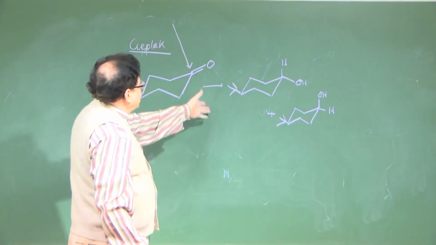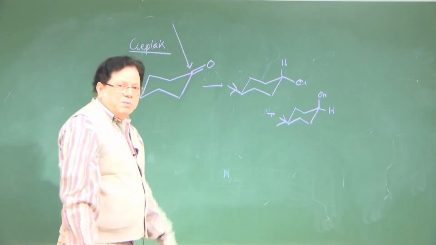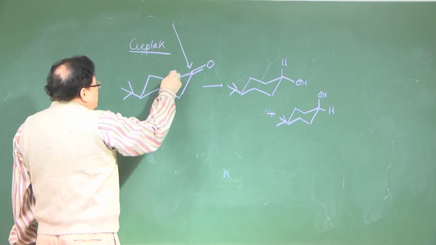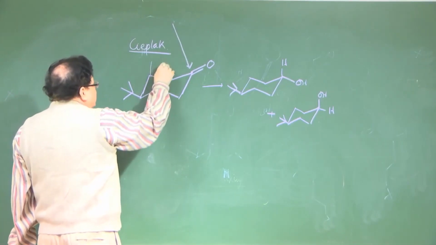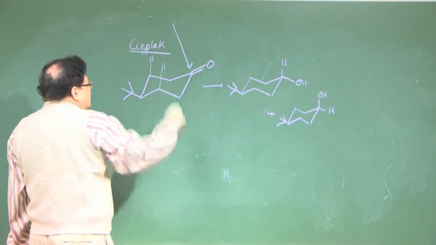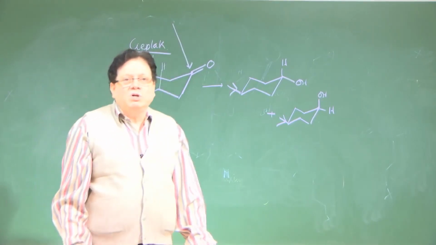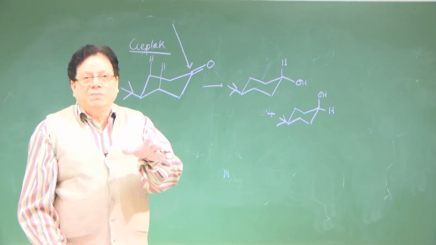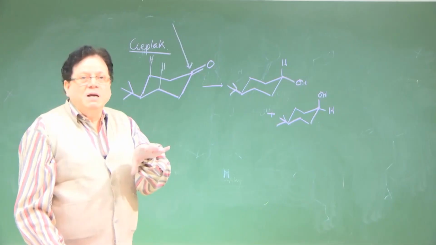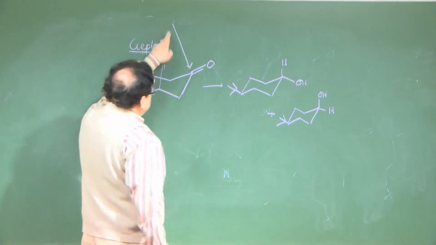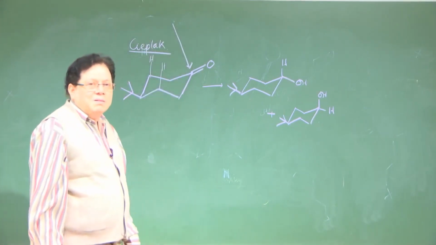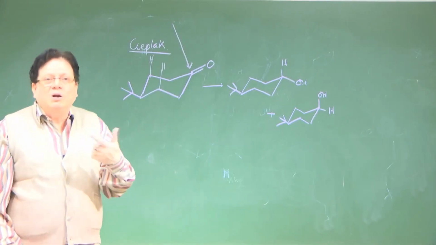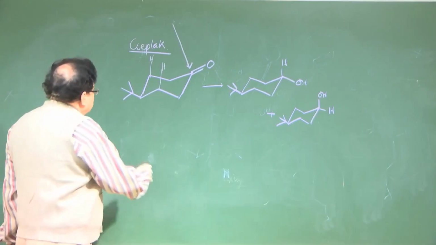And if you want to get the axial alcohol, the nucleophile should approach from the equatorial side, which is kind of more exposed, because from the axial face you have these axial hydrogens, which may hinder the approach of the nucleophile. So, there is a steric effect there, but in spite of the steric effect, the nucleophile still approaches from the top. So, there must be some other effect which is not steric in origin, that is stereoelectronic in origin. Okay. So, what is that?